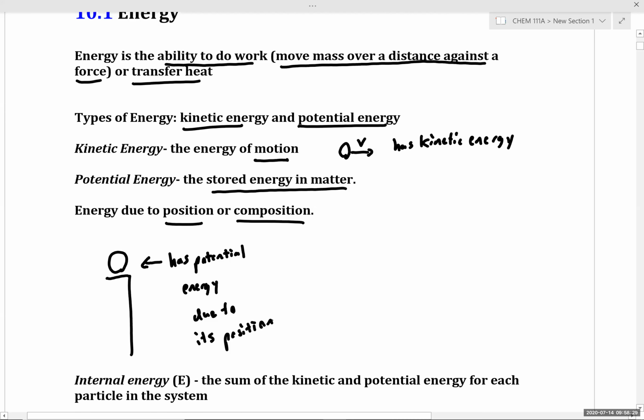Another example of potential energy would be a stick of dynamite. That stick of dynamite has potential energy as the result of its composition.